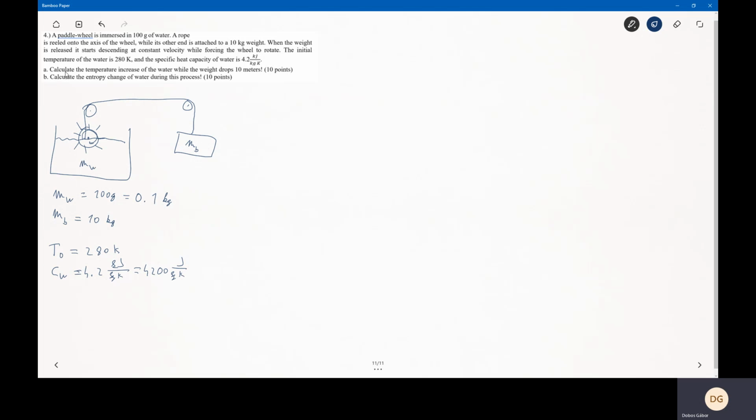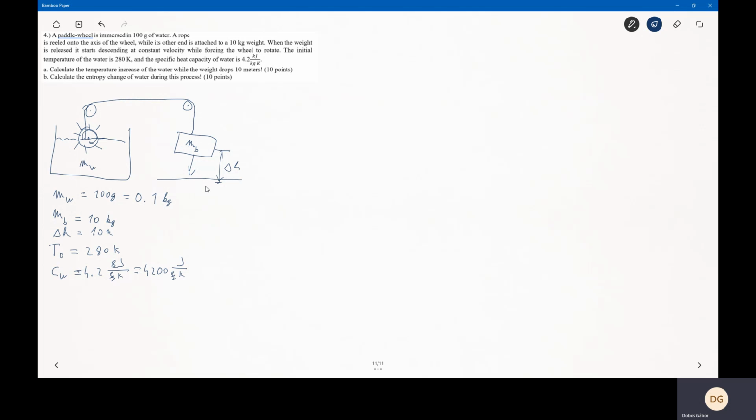And it also tells us that this body drops 10 meters. Okay, so the delta H is 10 meters. So this body goes down this delta H distance, 10 meters, until it reaches the ground.